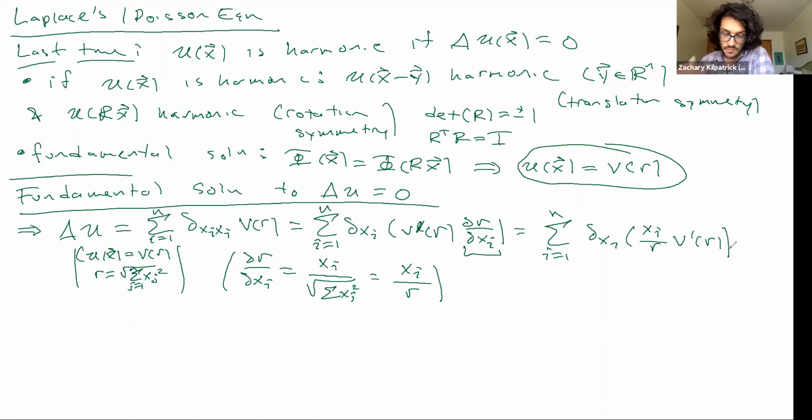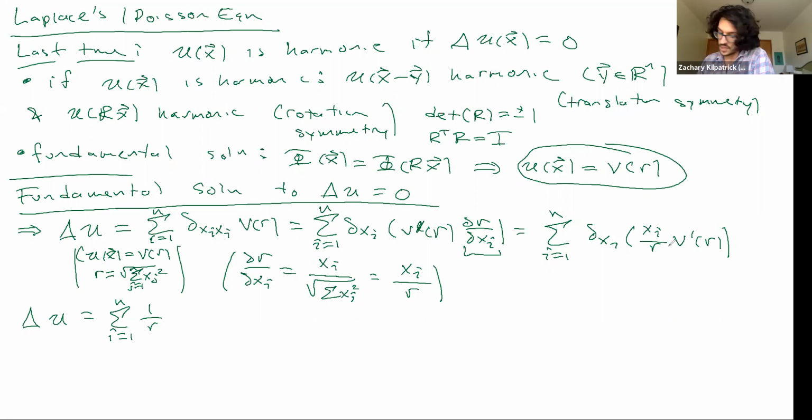Okay. And then I can go further now by saying, well, now let me take that second derivative, and I'm going to get the sum from i equals 1 up to n of 1 over r.